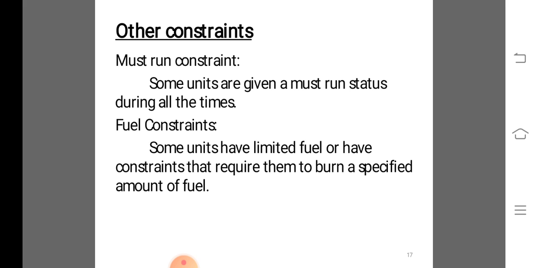We will treat the fuel scheduling problem, in which some units have limited fuel, while others have constraints that require them to burn a specified amount of fuel in a given time. This presents a most challenging unit commitment problem.